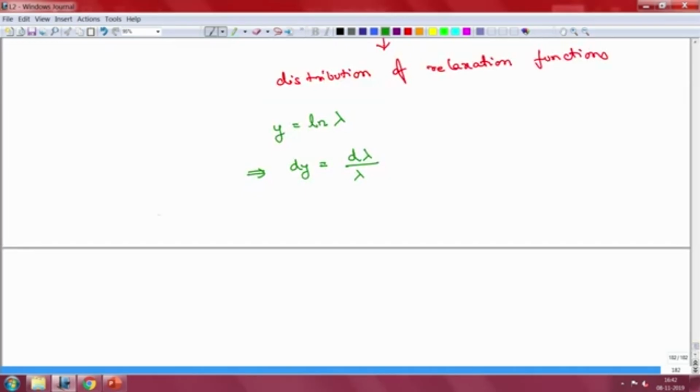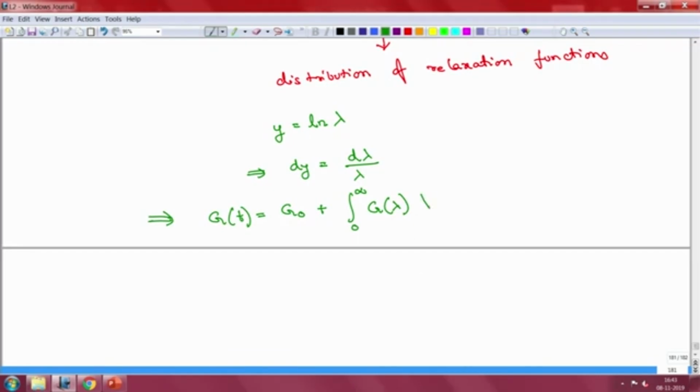So, if you substitute it into the previous expression, this will become g naught plus the integral from 0 to infinity of g(lambda), and now I am going to transform it into the derivative. Instead of being the derivative of lambda, I want to take the derivative of log of lambda, right.